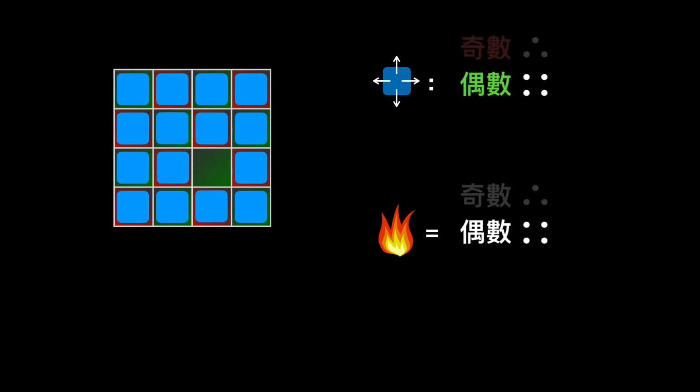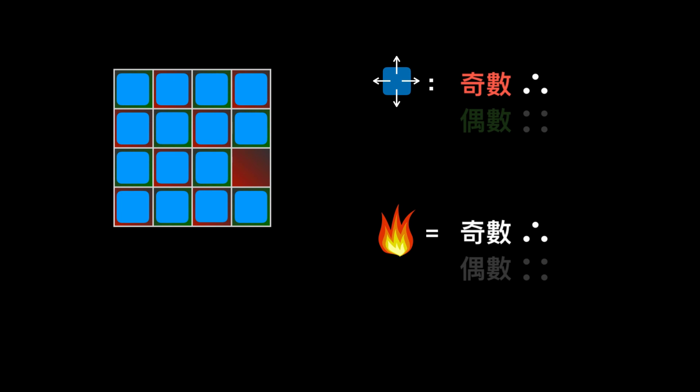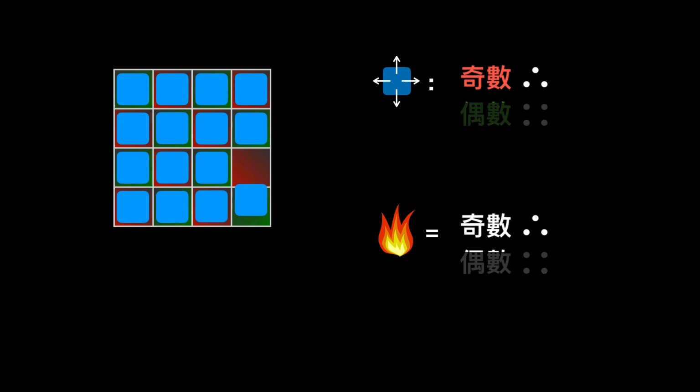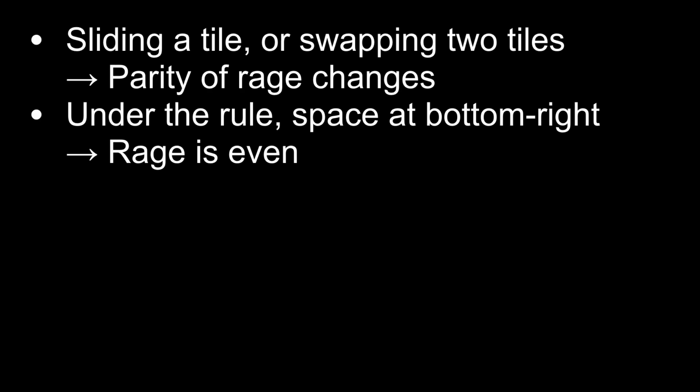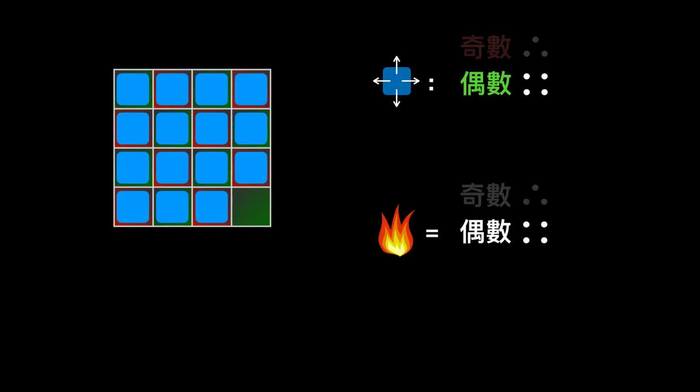In other words, when sliding those tiles, although the rage alters between even and odd, when the space is back to the bottom right, the rage will be back to even as well. Our second theorem is: when sliding by the rule, when the space is back to the bottom right, the rage of the puzzle is definitely an even number.